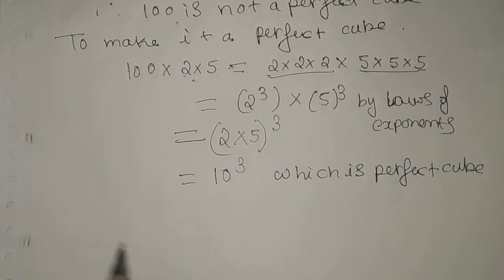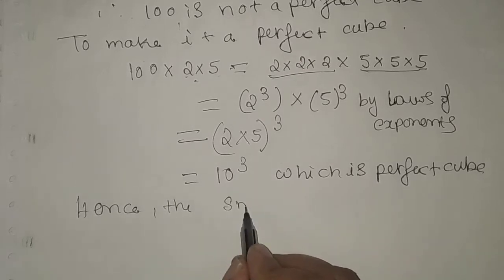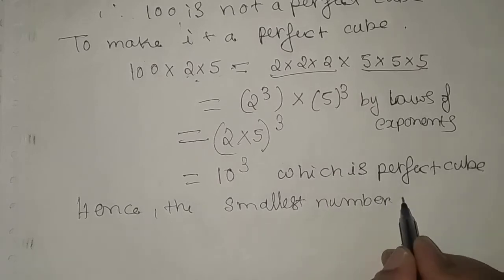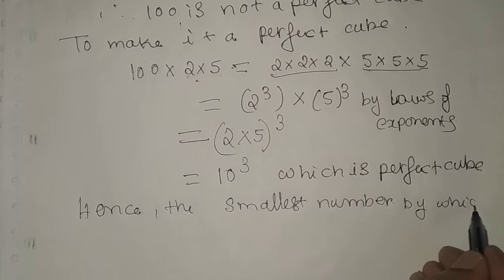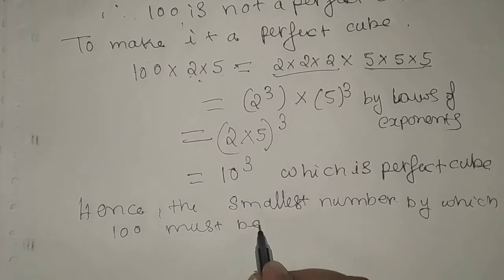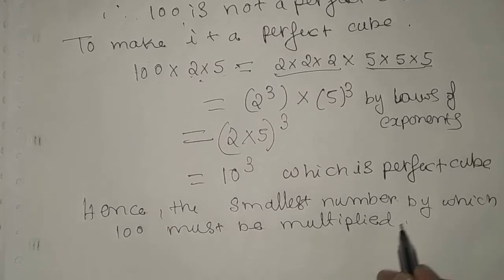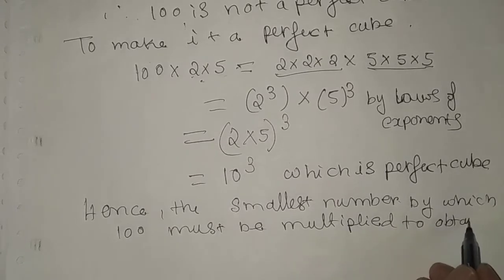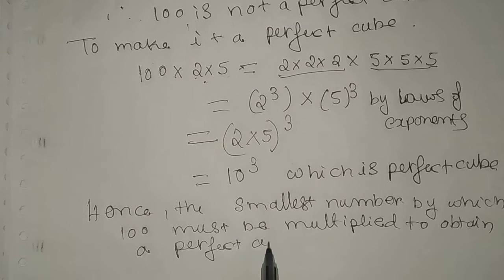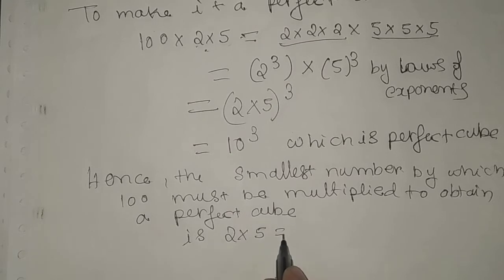Hence the smallest number by which 100 must be multiplied to obtain a perfect cube is 2 into 5, equal to 10.